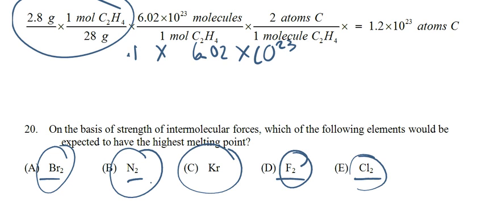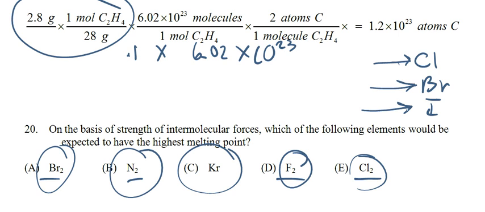And if you know, by looking at the periodic table, that if we look at chlorine, bromine, and iodine, chlorine's a gas at room temperature. Bromine's a liquid at room temperature. Iodine's a solid at room temperature. And so what we have to realize is as we go down that periodic table, the molar masses are getting more and more. Therefore, the intermolecular forces are getting stronger and stronger.